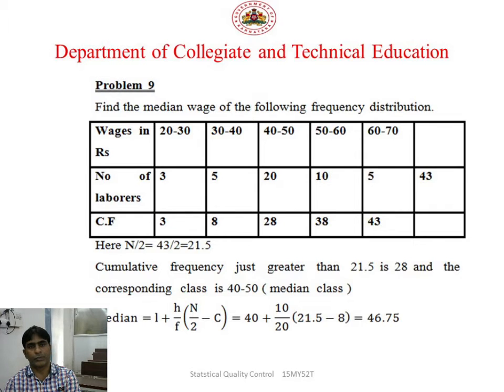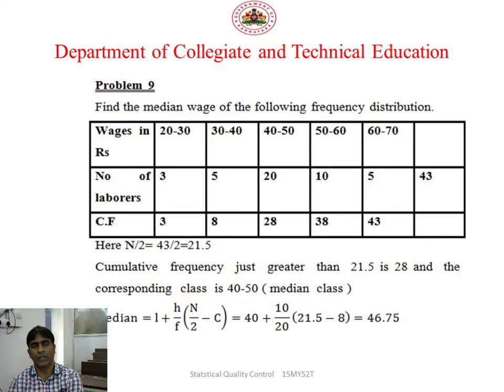Next, what you should do: first, in the problem, you should calculate the cumulative frequency. The first frequency you keep as it is.